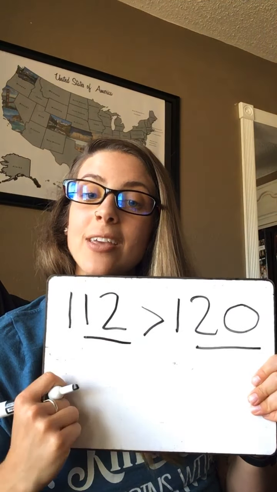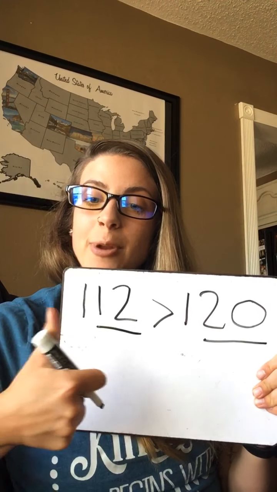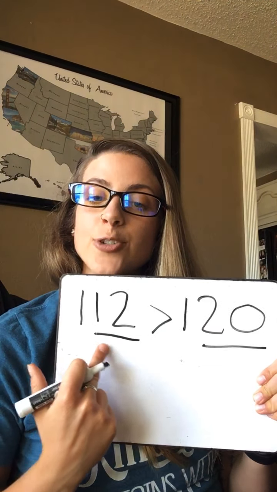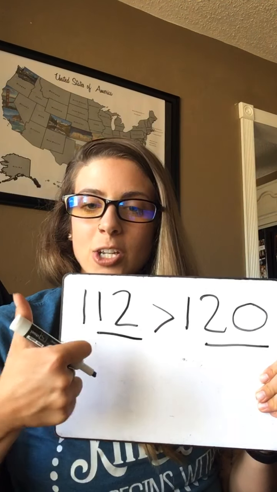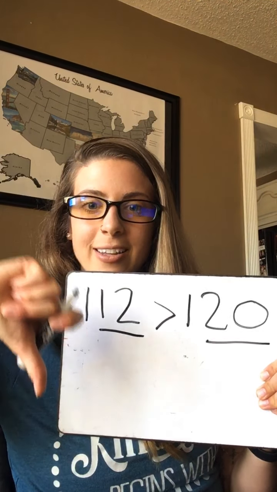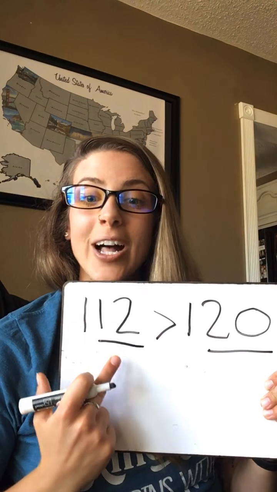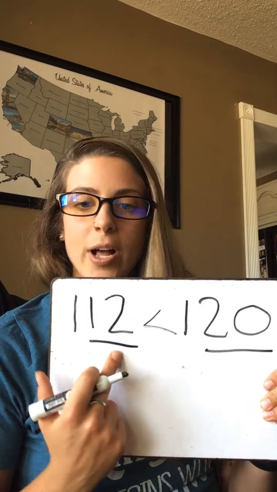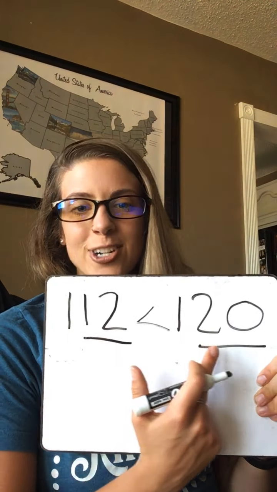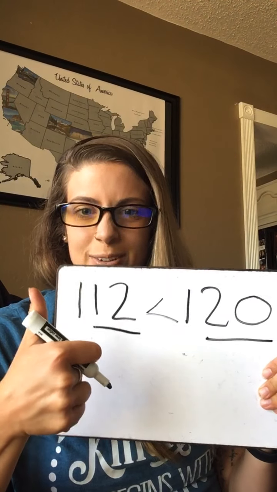What if I say this one? What do you think? Thumbs up or thumbs down? 112 is greater than 120. Do we agree or disagree? Oh, I hope your thumbs are down. 112 is not greater than 120. It should look like that. 112 is less than 120. That's the correct one. Woohoo!